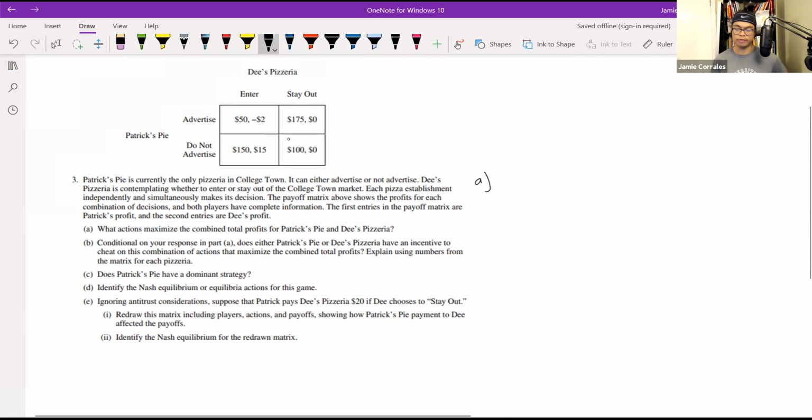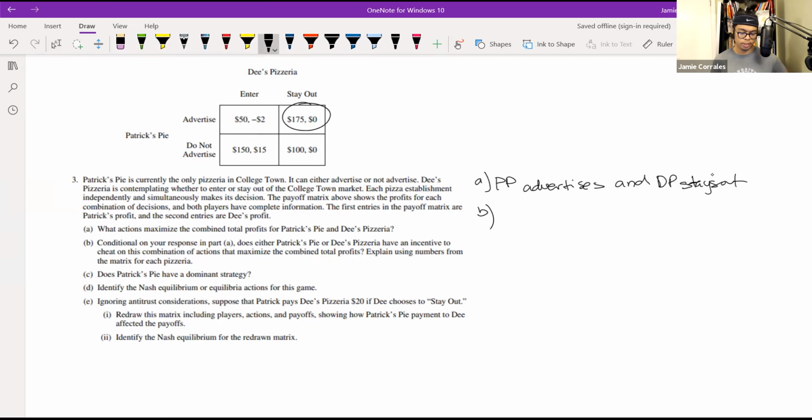So clearly, if I do some next level math, I get this, where Patrick Pie advertises and DP stays out respectively. So PP advertises and DP stays out.